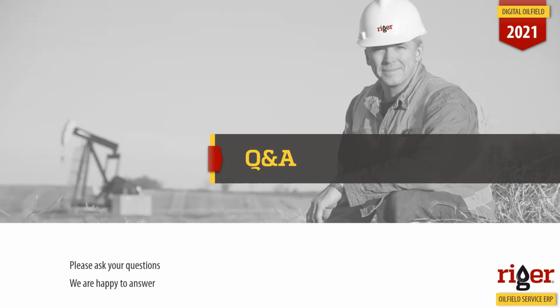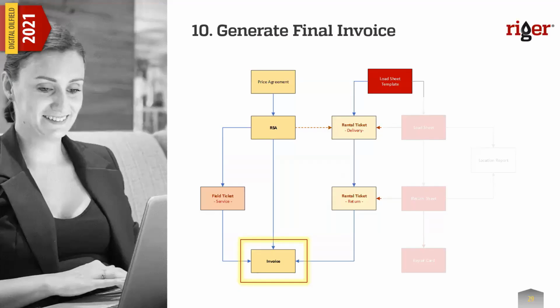All right, good question. So actually all the services, as I said previously, are tracked in the field tickets. So even though you may have just a services job without the rental equipment involved, you can generate the same rental service agreement, and without generating all these asset tracking documents, you will only generate field tickets.